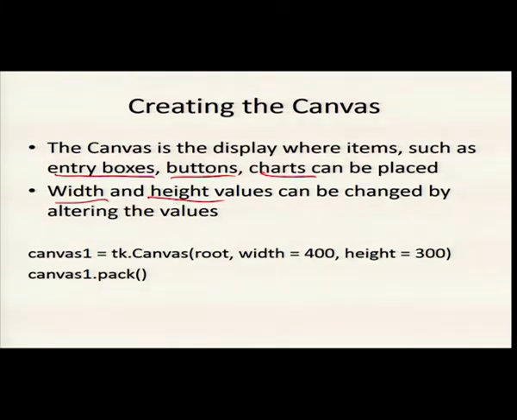What does it mean? The width and height values get changed by altering the values. So, my dear viewers, let us see how to create a canvas. Canvas 1 is a label name, equal to tk dot Canvas. My dear viewers, what is this tk?